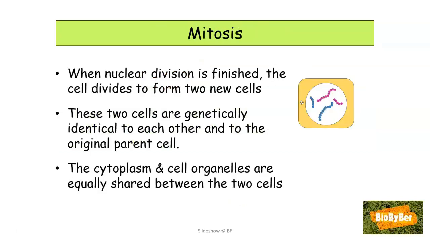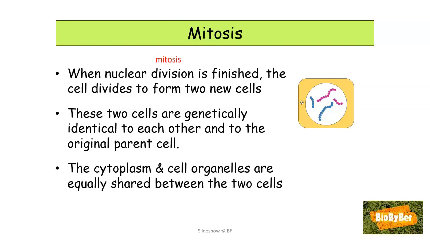Now, when nuclear division or mitosis is finished, the cell divides to form two new cells. These two new cells are genetically identical to each other, as we've said already, and to the parent cell.